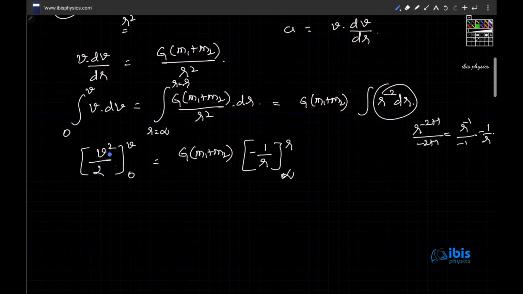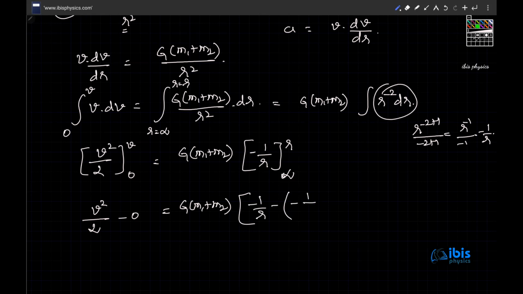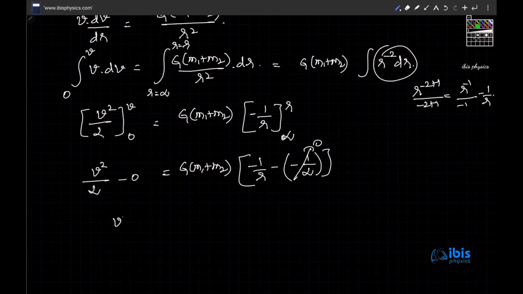So upper limit minus lower limit: v square by 2 minus 0 equals G into m1 plus m2 into minus 1 by r minus of minus 1 by infinity. This term gets 0. So v square by 2 equals minus of G into m1 plus m2 by r.